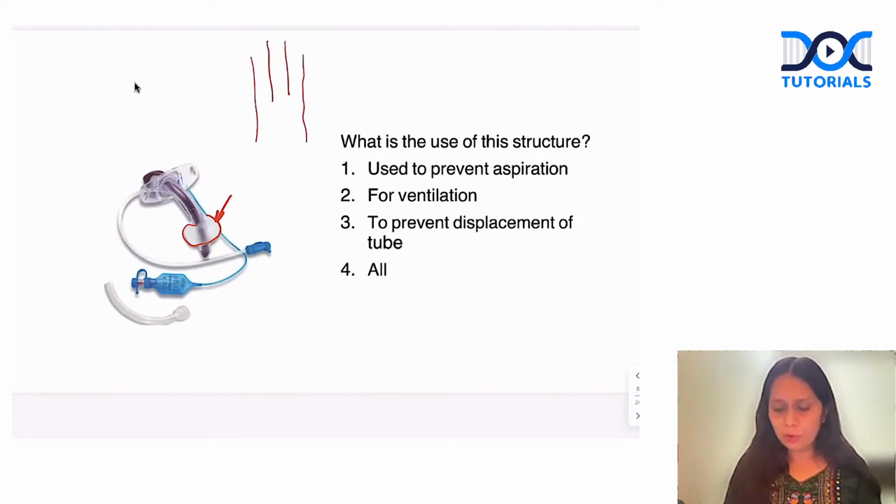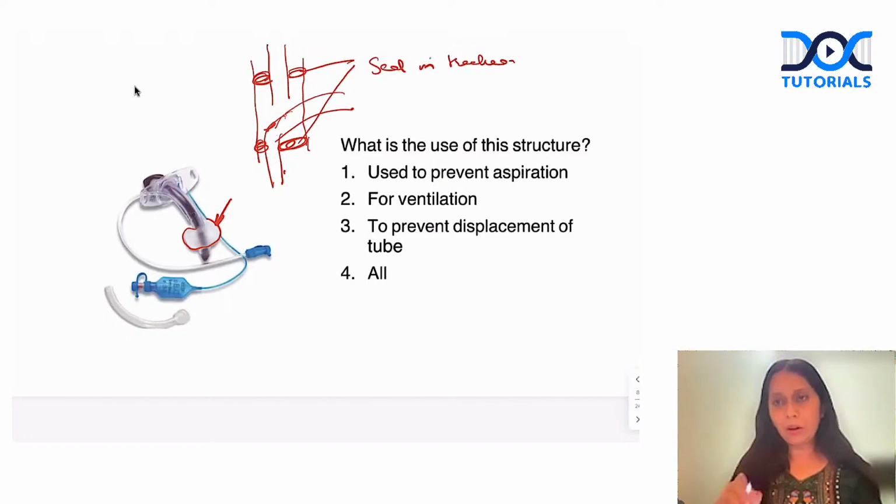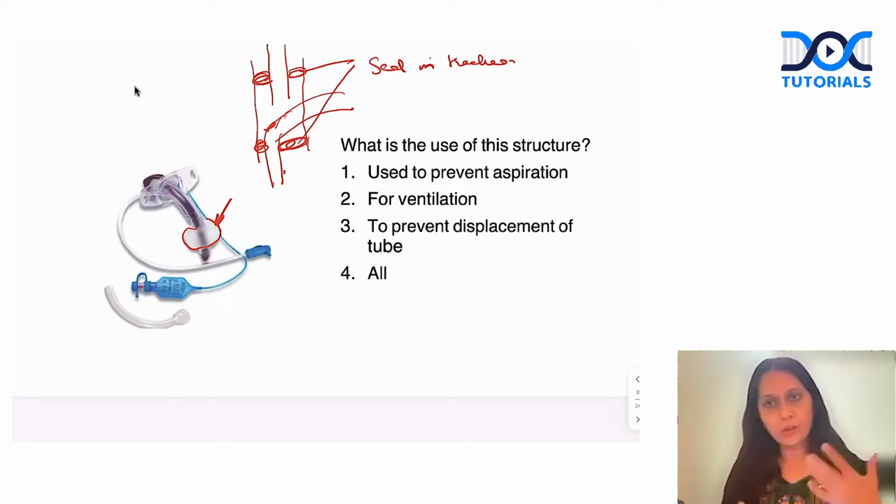Whether it is an endotracheal tube, or a tracheostomy tube inserted through a hole in the trachea, if it has a cuff, it creates a seal in the trachea. This gives a proper seal for positive pressure ventilation, and also prevents aspiration. The seal prevents any oral secretion from going into the respiratory tract.